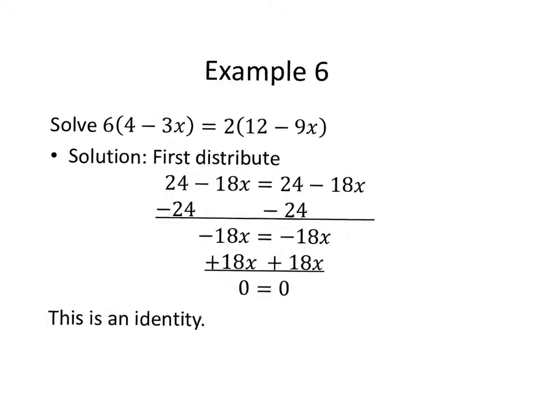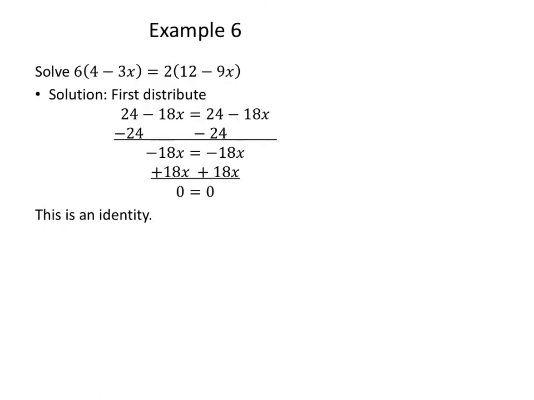Whereas in our last example, it looked more like this. We had 7x plus 9 equals 7x minus 3. When I subtracted 9 from both sides, I ended up with 7x equals 7x minus 12. But at this stage, we can see, hey, look, they both have a 7x.